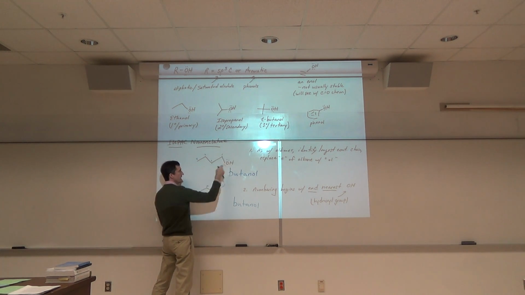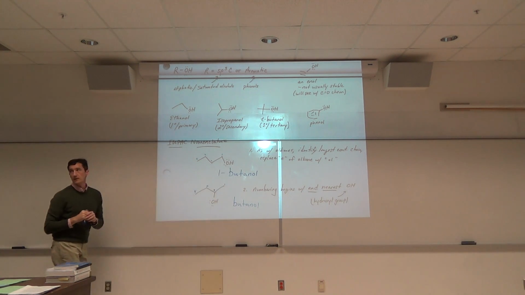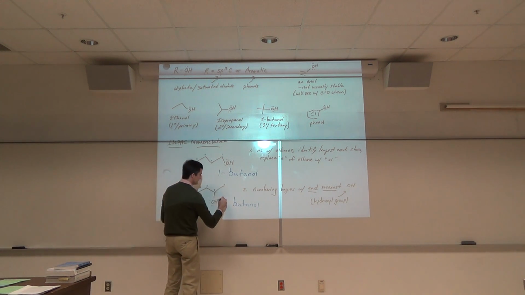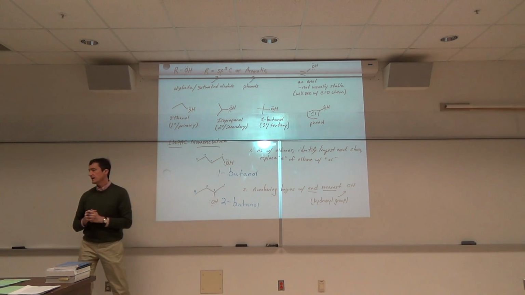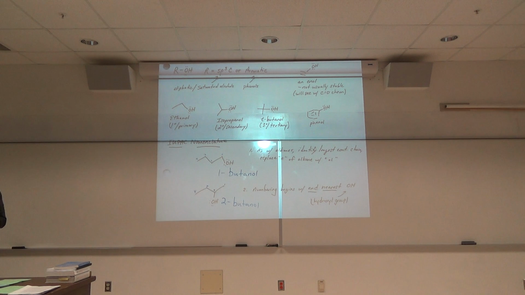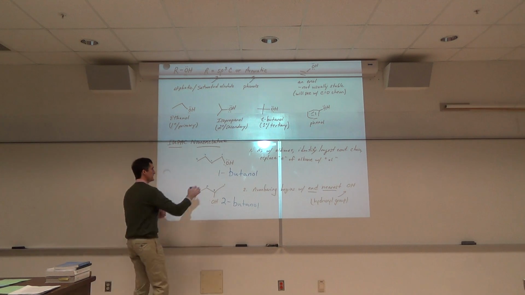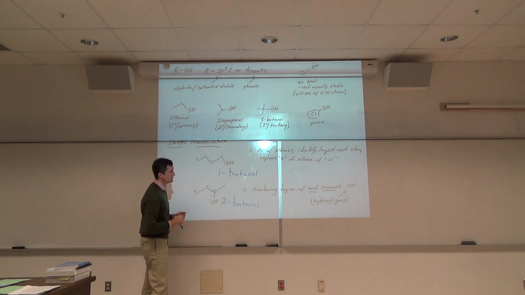Now you say, where is the hydroxyl group? You put it at the front. That's 1-butanol. Hydroxyl group's at the 1 position. So what is this? 2-butanol. Okay, they have different names. Constitutional isomers. Different connectivity. The OH is connected at the 1 position. Here it's connected at the 2.